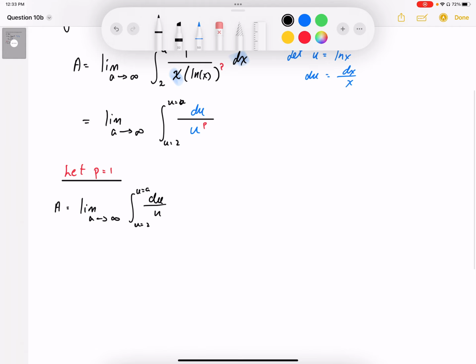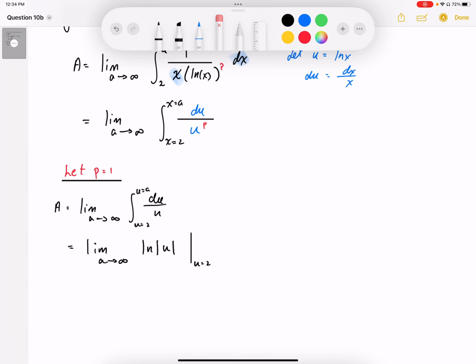I'm going to integrate this as with my log. So the limit as a approaches infinity is going to be log of u. The proper notation is I have to state that this is in terms of x's because I've changed to u's.